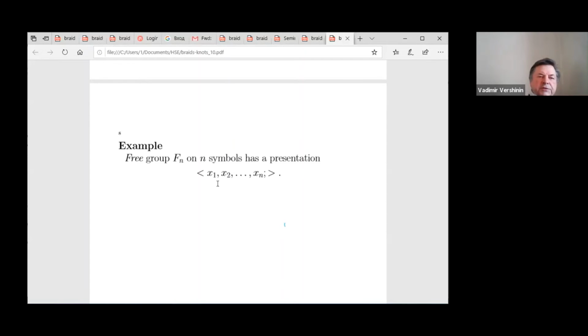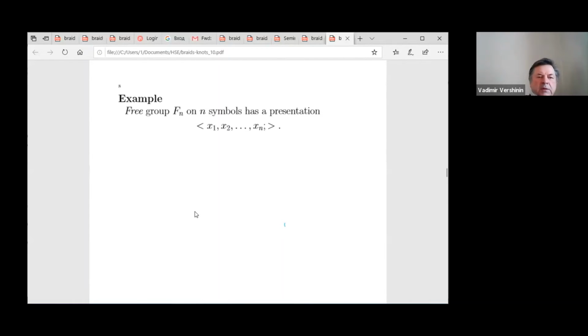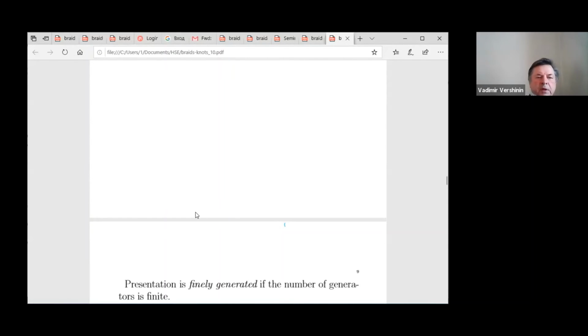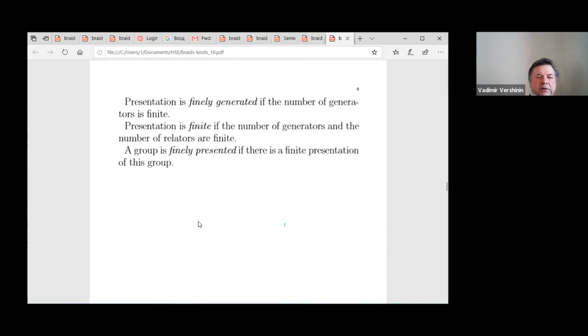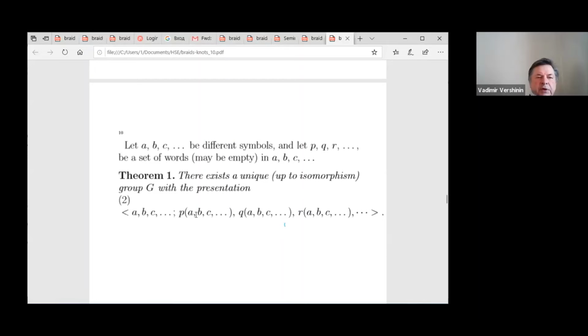No relations, no relators. Only the trivial relators, meaning a word W multiplied by the word W^-1. So this is the standard finitely generated, finitely presented group.